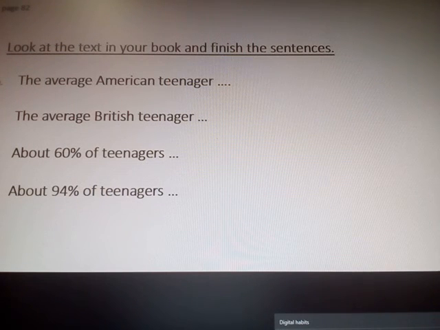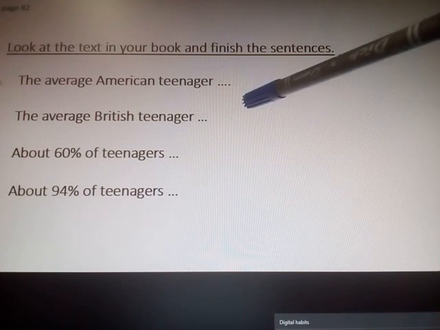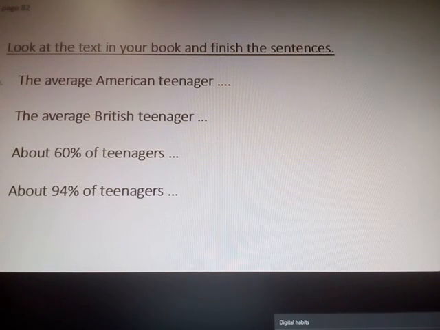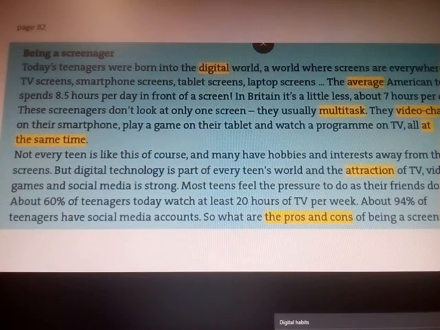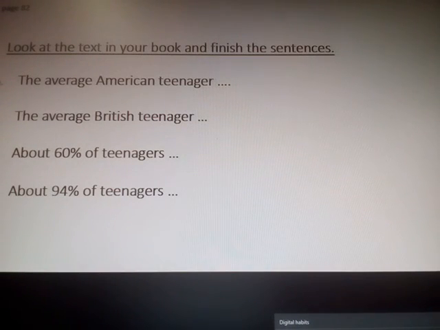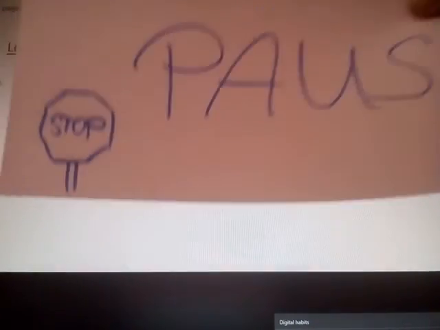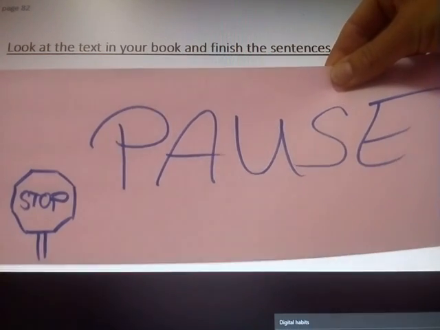You have to say spends or chats or something like that. So make sure it's grammatically correct, it makes sense, and take the information from the text. And I guess you have figured that out. Pause and stop.